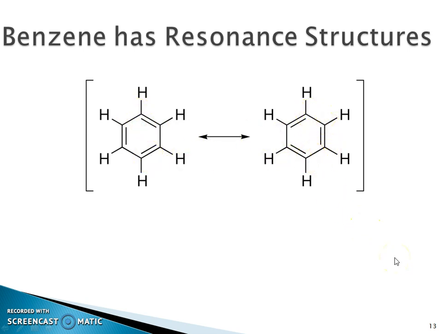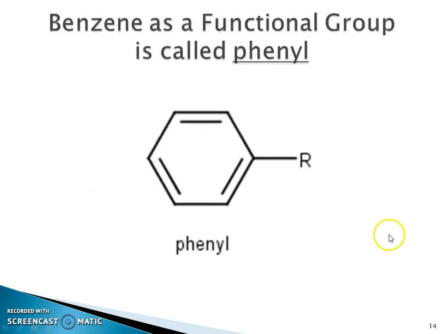So this resonance structure, and we'll talk more about it in detail later on, but resonance just means that it's the same structure, but I can draw it multiple ways because that double bond can be on different numbered carbons. Okay, so if that makes any sense. So carbon 1 here has a double bond, but carbon 1 here has a single bond. So that's why it's called resonance structure.